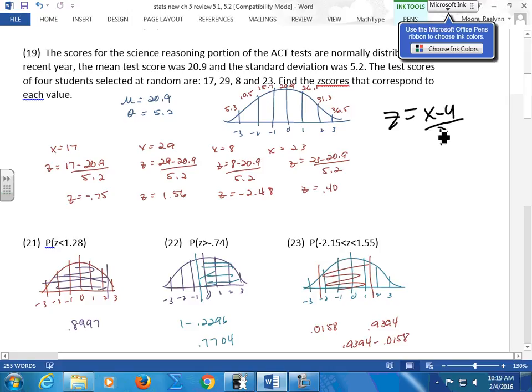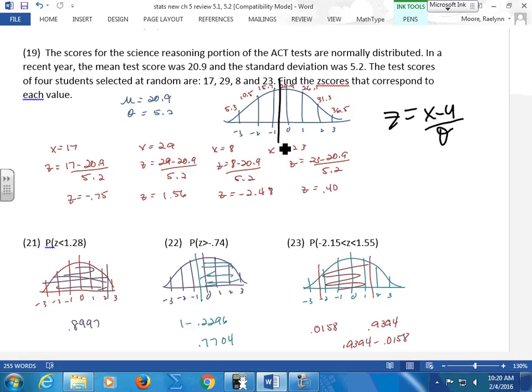But if you use your graph as your guideline, if 17 is over here, then my z-score has to be negative. Subtract the smaller minus the larger, divide by the standard deviation. If you subtracted the mean minus the standard deviation, the z-score would kind of be off the chart. So that kind of gives you a hint.